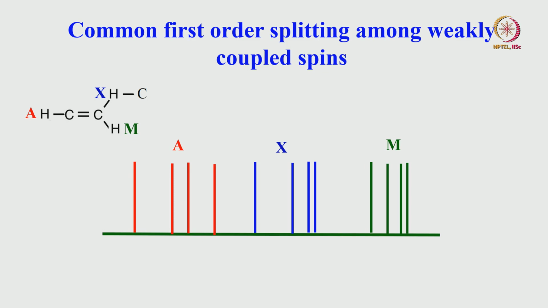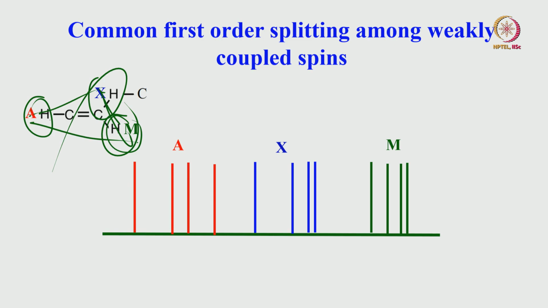Simple example of a molecule like this, all 3 independent protons are there. There is no CH2 group, no CH3 group. All are coupled among themselves. Let us say A is coupled to X, A is coupled to M, X is coupled to M, X is coupled to A, M is coupled to X, and M is coupled to A. I already explained to you, when one proton is coupled to other protons, each line is going to split.